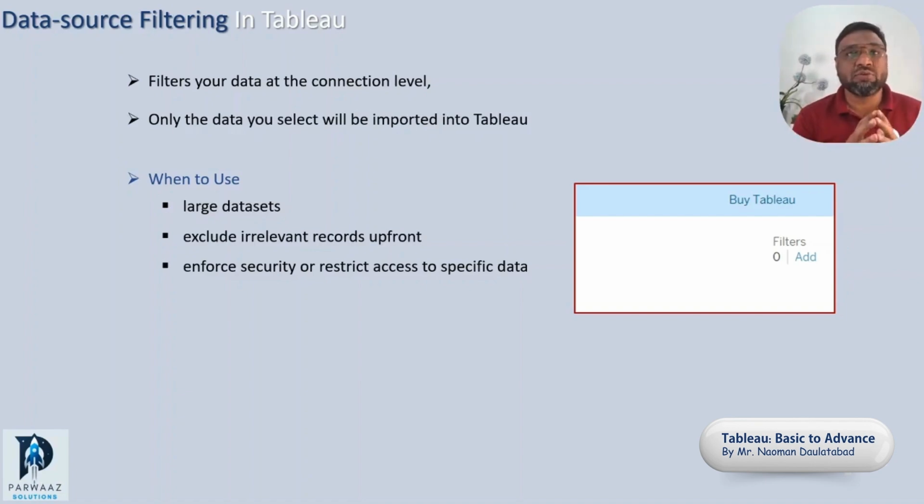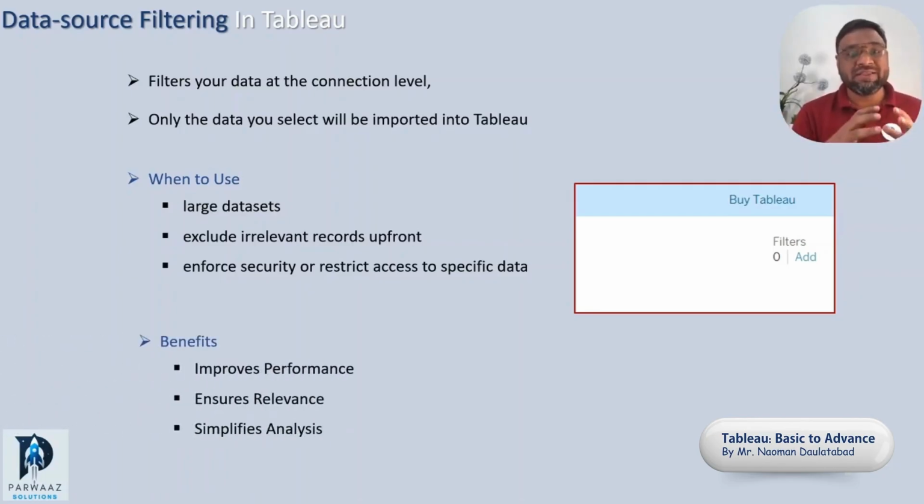I'm interested in creating dashboards and reports only for the country Germany. What I will do is exclude all other countries and include data only for Germany while extracting data into Tableau. By doing this, what I'm achieving is improved performance, because it reduces the data volume, leading to faster load and better performance.